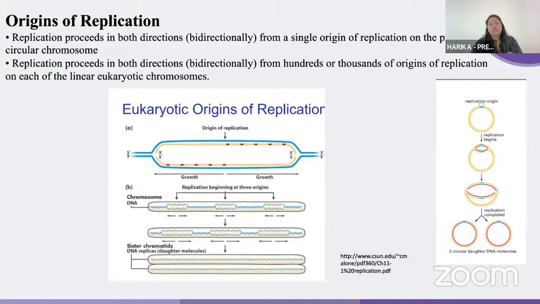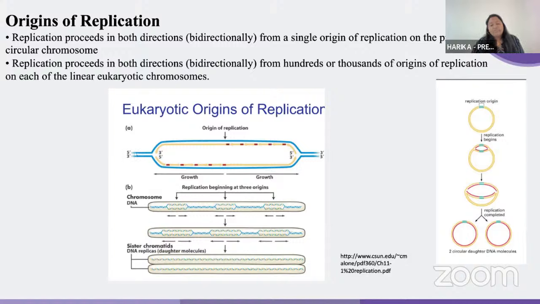It should not coil or get so clumsy or more compact. That's why topoisomerase comes and stops the coiling of our DNA.